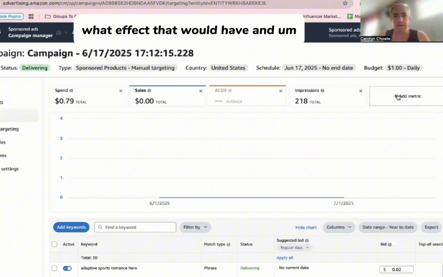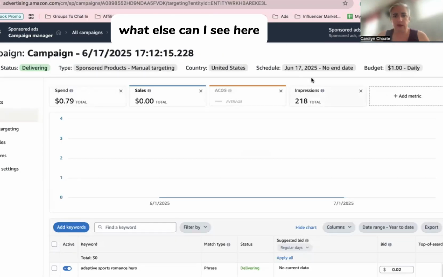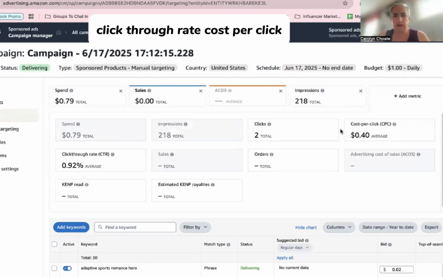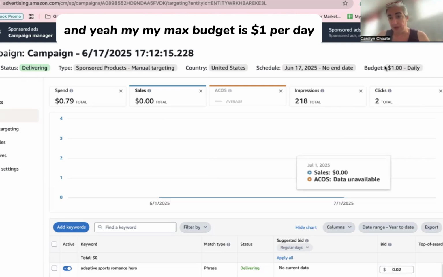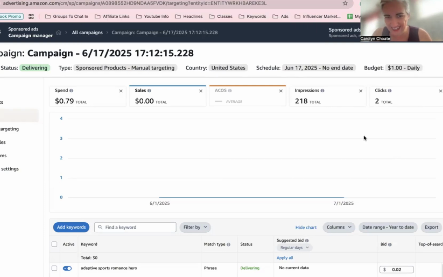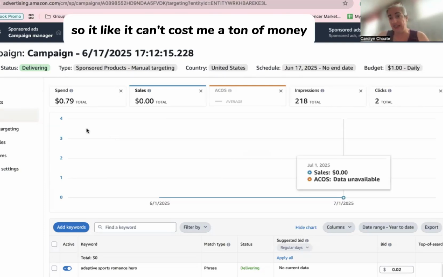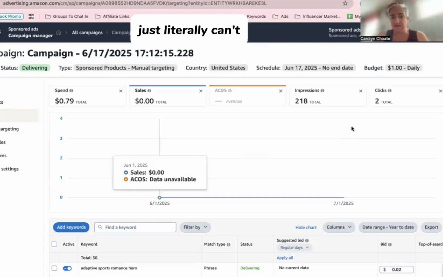And what else can I see here? Click-through rate, cost per click. I guess I want to see the total clicks. And yeah, my max budget is $1 per day. So it can't cost me a ton of money. Just literally can't.